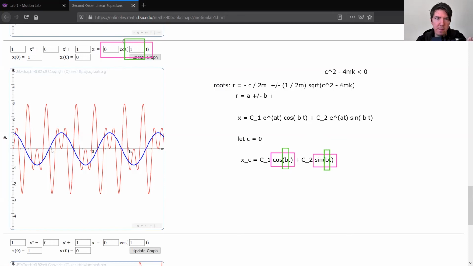Don't quote me on this, I think it's actually angular frequency. But we have that these are different values, or that they potentially can be different values. That's what we want for beats.